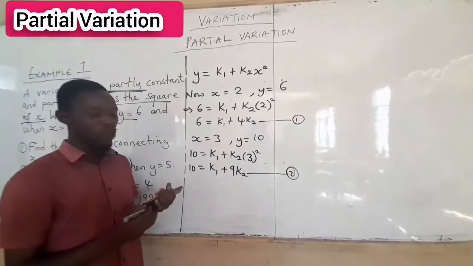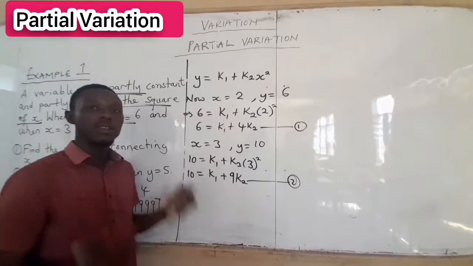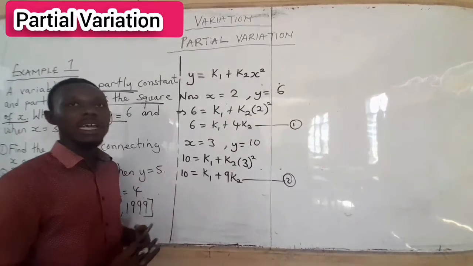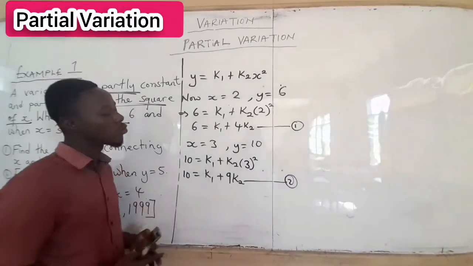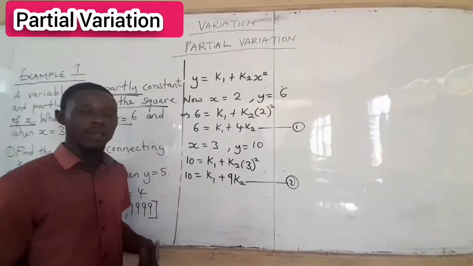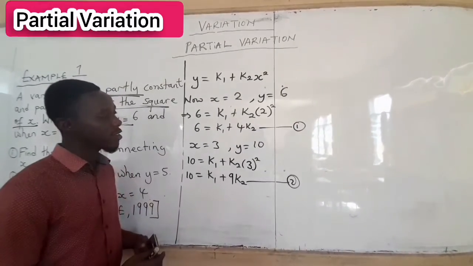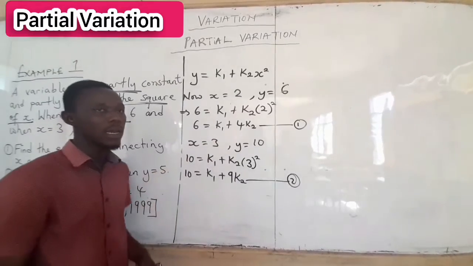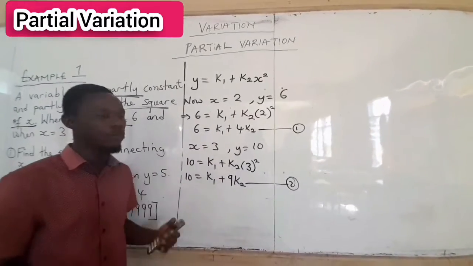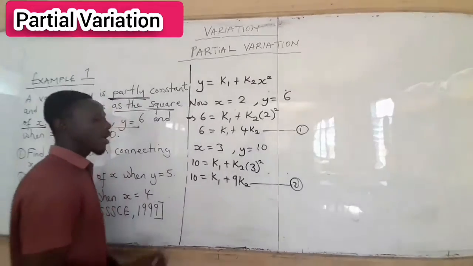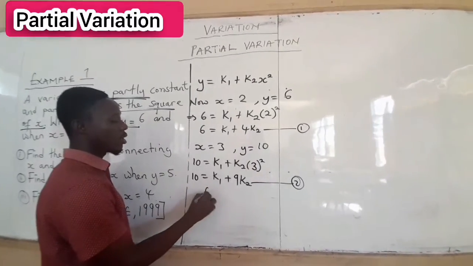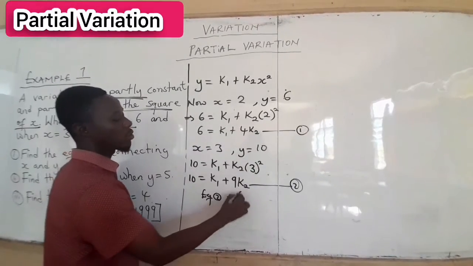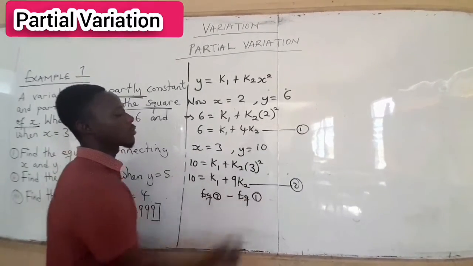Since we have two equations, we have to solve them simultaneously. Any of the simultaneous methods can be applied, but I am going to use the elimination method, because we have coefficient 1 for k1 in both, therefore it is very simple. Then I will say equation 2 minus equation 1.